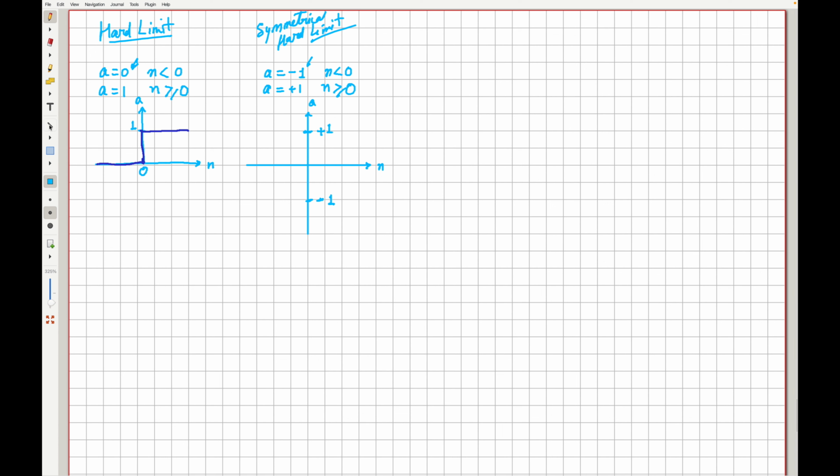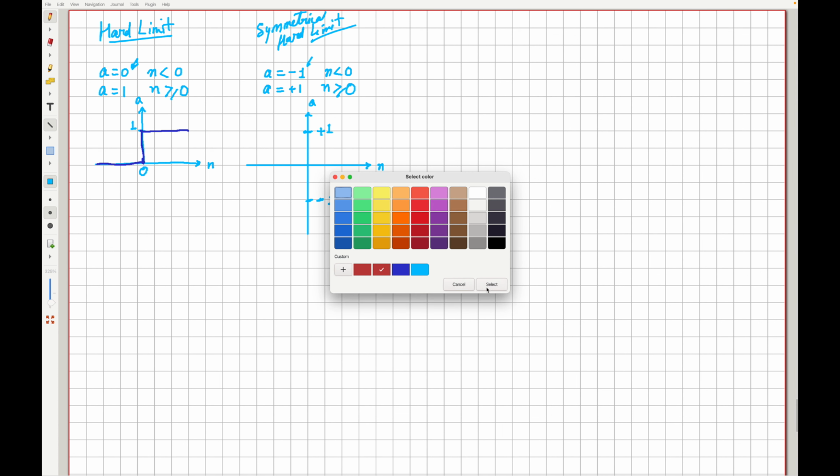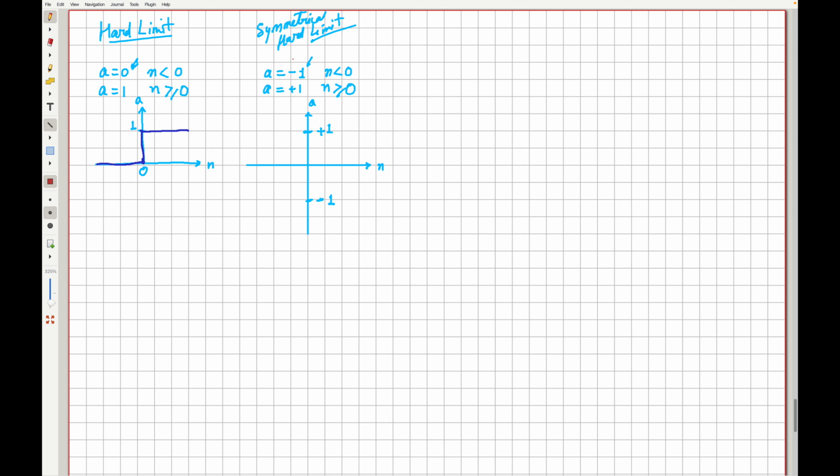Now when we try and plot the curve, what this is telling us is that if the values of n are below 0, these would be -1, but as soon as n reaches 0 or above, then the values steadily become +1. So that's how the transfer function would look.